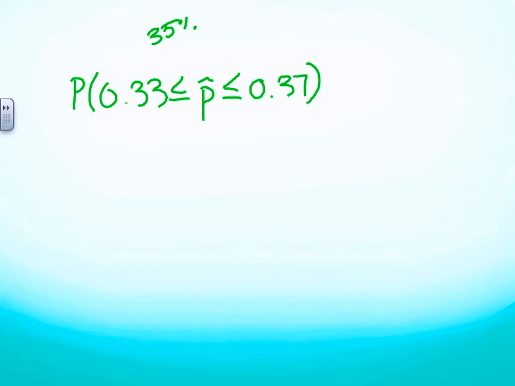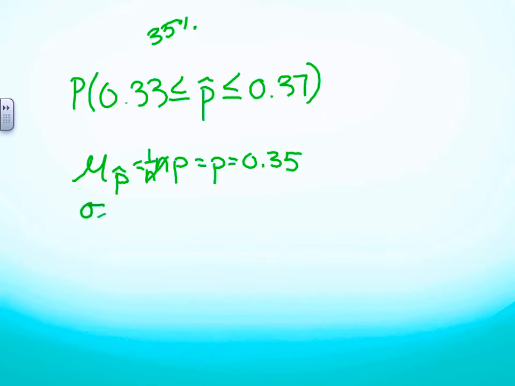Of course, we have to find our mean if we're going to use a normal distribution. That was 1 over n times np, but then we saw that that was ultimately just equal to p. Then our standard deviation is also needed here.